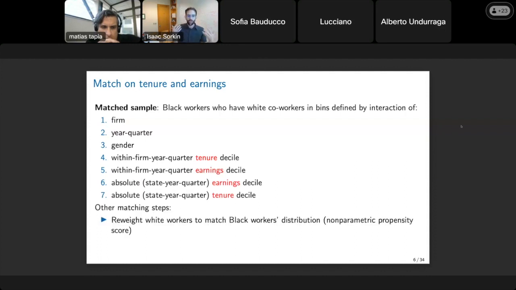And then I'm going to reweight, so the distribution of white workers across these cells is the same as Black workers. So if there's some cell where there is 1 Black worker and 5 white workers, when I reweight, I'll give the white workers weight 1/5.